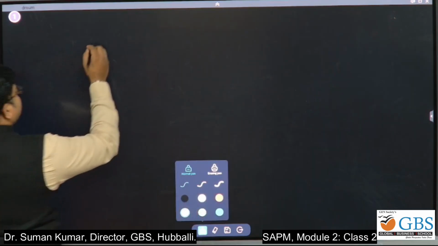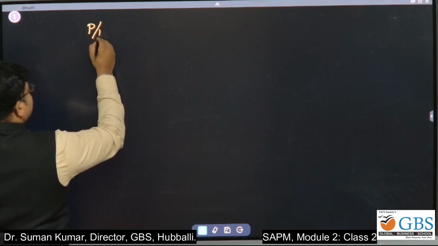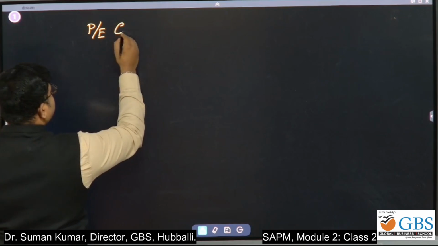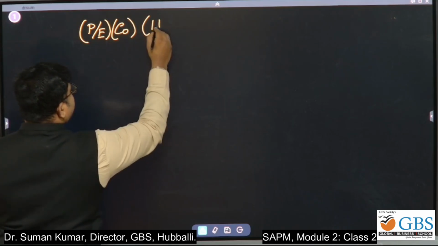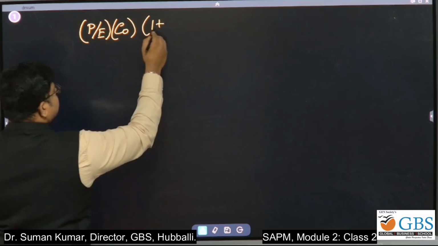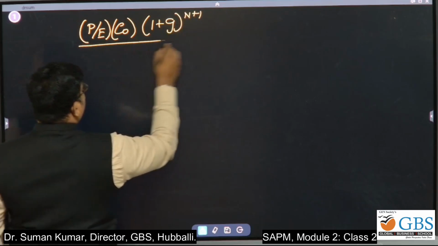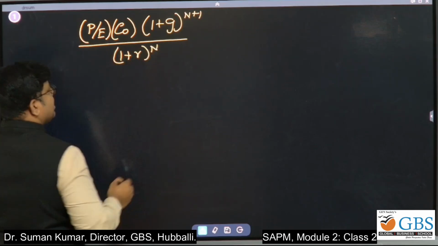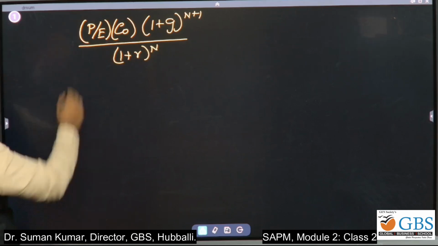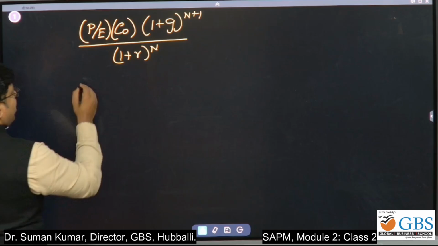Here, what is this? P/E ratio, that is P/E into E naught into 1 plus G raised to N plus 1 whole, divided by 1 plus R raised to capital N. This part we need to go. What is the P/E ratio? 4.8.